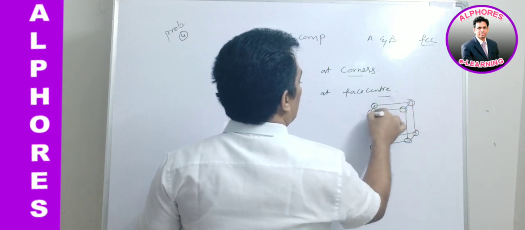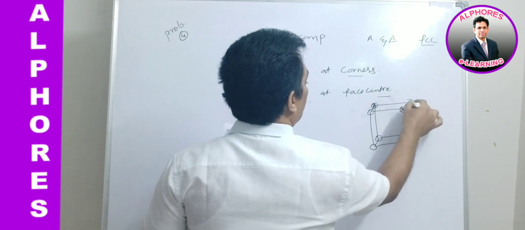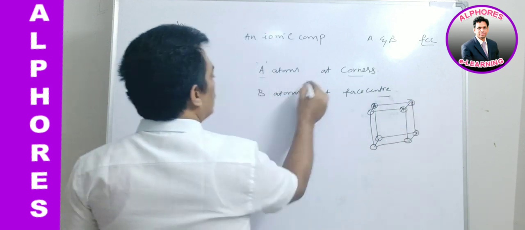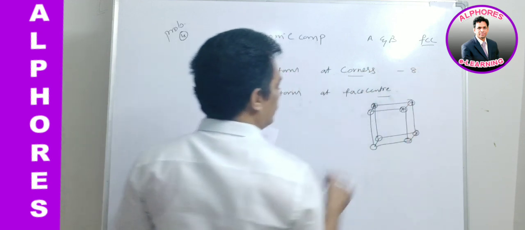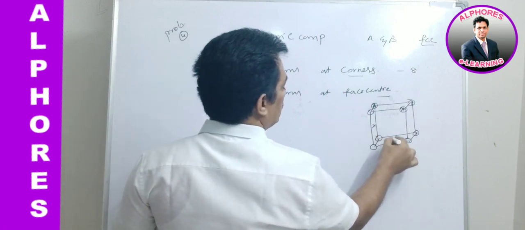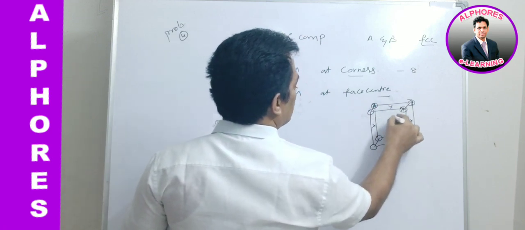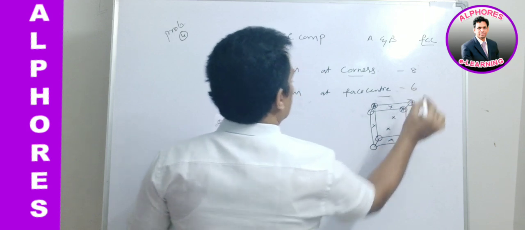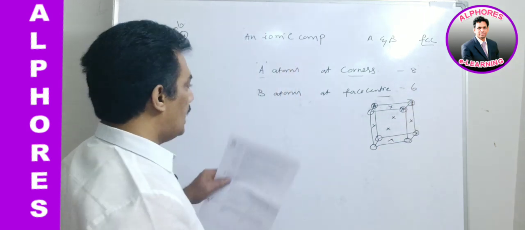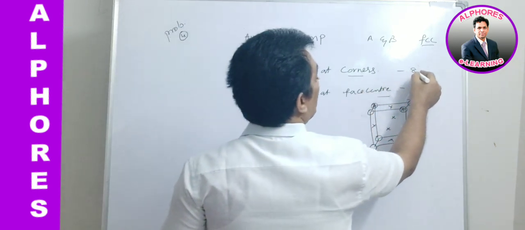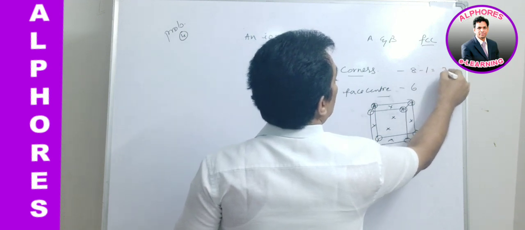All the corners are with A. That means corners are 8, and these are face centers. How many face centers? 6. But the condition they are giving is that one of the corners is missing.